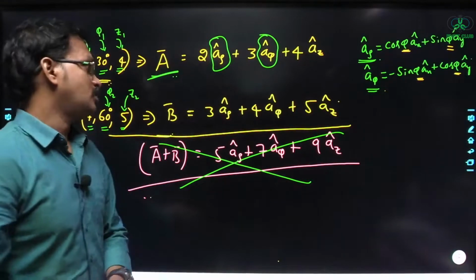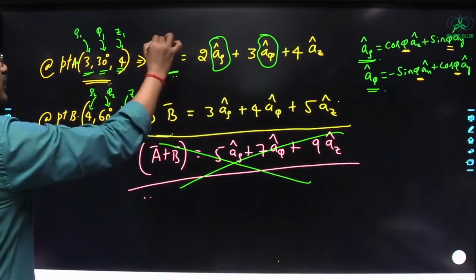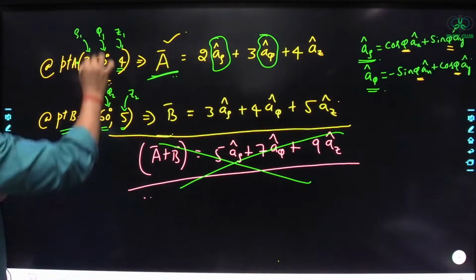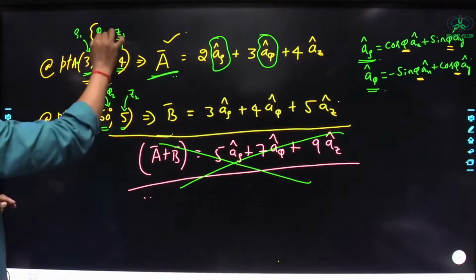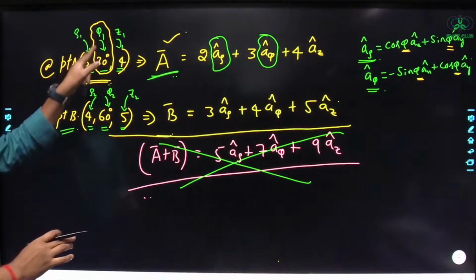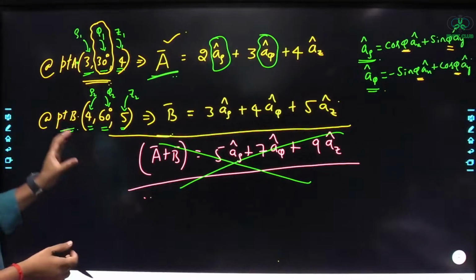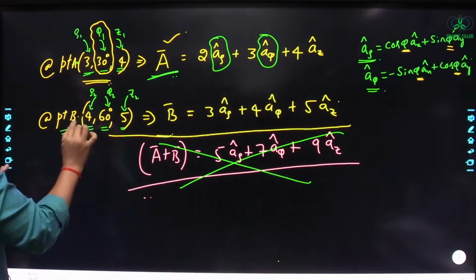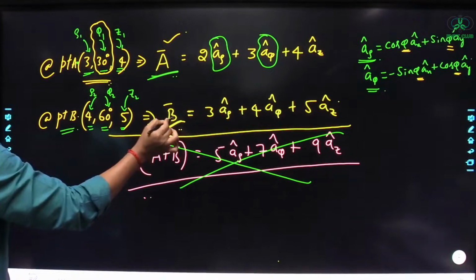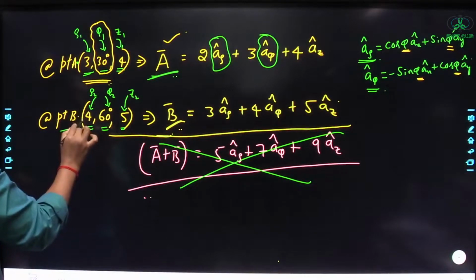So you have defined this vector at a point where phi 1 is 30 degrees, and at another point (4, 60 degrees, 5) you have defined another vector, where phi 2 is 60 degrees.